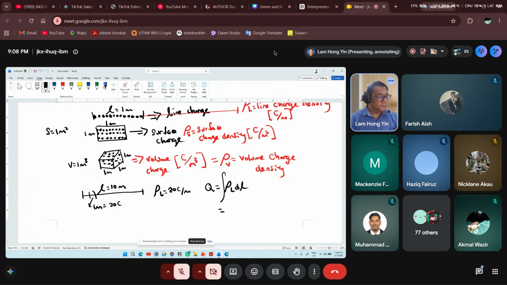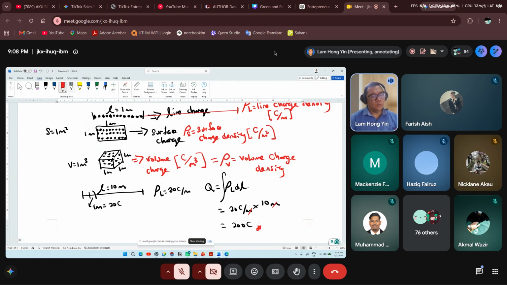Okay, so for example, I have my rho L 20 coulombs per meter. Multiply with my L over here, which is 10 meter, right? So automatically you know that 20 multiplied with 10, you have 200 coulombs, because your meter over here is automatically cancelled out.